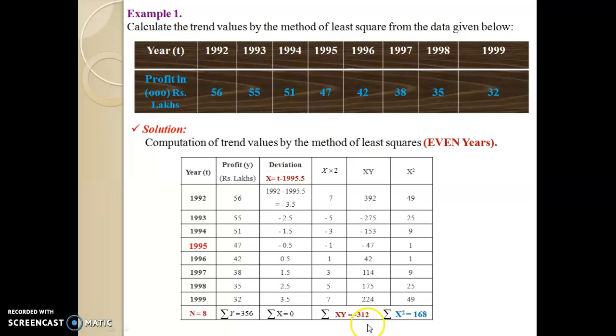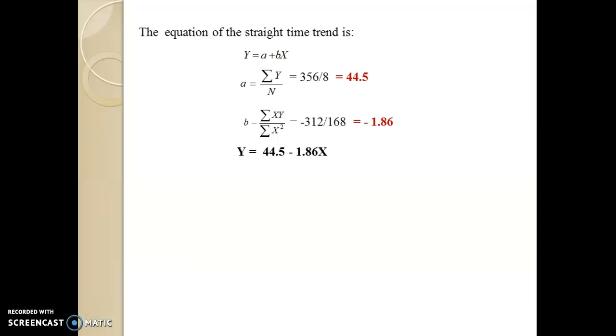X into y is minus 322, and divided by x square, 168, it becomes minus 1.86. This is the value of b. How to calculate y? y is equal to a plus bx. The value of a is equal to 44, and the value of b is equal to minus 1.86.